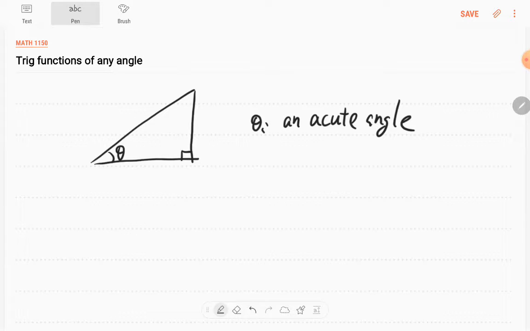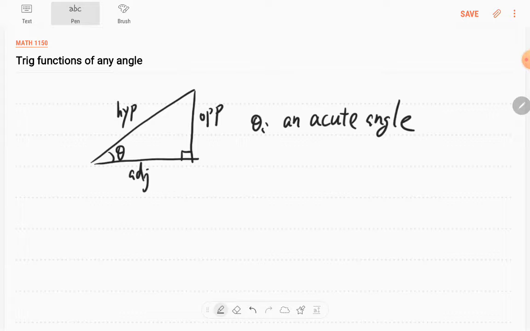Then we know the trig function sine equals the opposite over the hypotenuse, this is the opposite, this is the hypotenuse, and this is adjacent, right? The sine is equal to opposite over hypotenuse, cosine equals adjacent over hypotenuse, and the tangent theta is equal to opposite over adjacent.